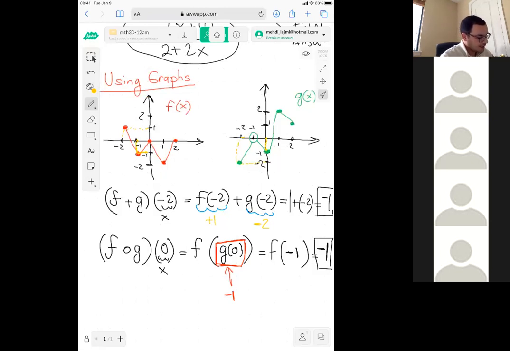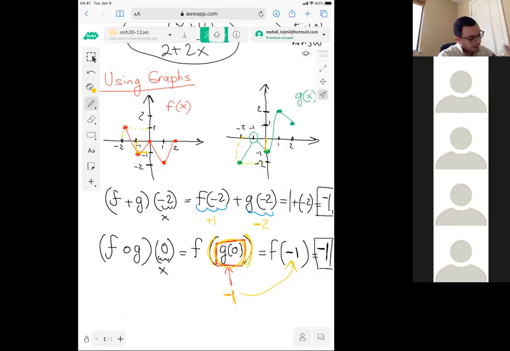Inside the parentheses here, you have g of 0, and we said this g of 0 is -1. So the answer, we just have to figure out what the f is. We don't have to multiply or add like we did last time. You have to figure out what's f of -1.